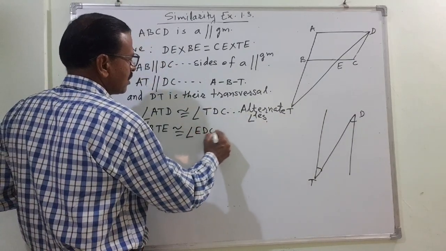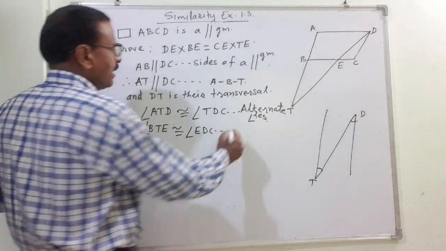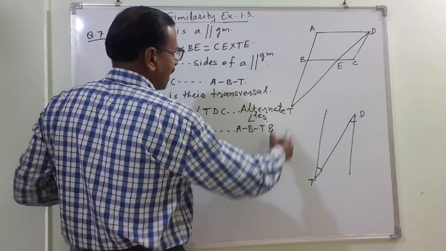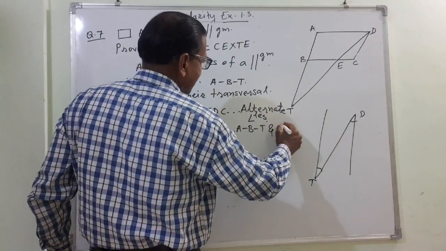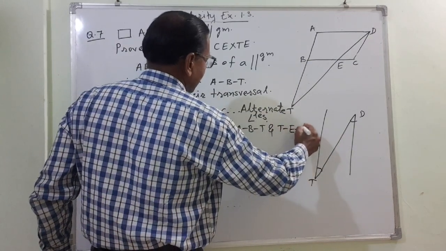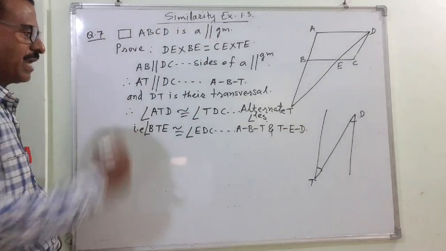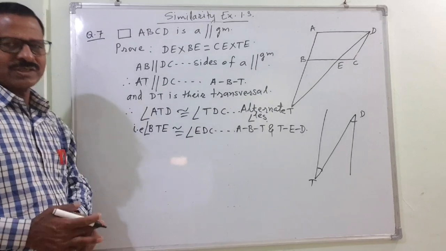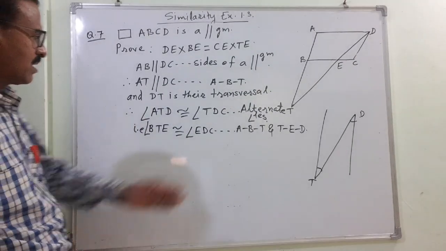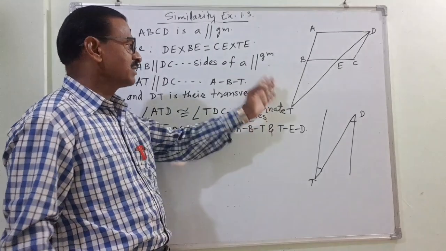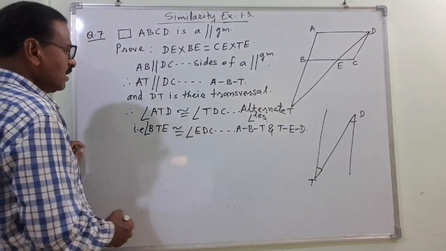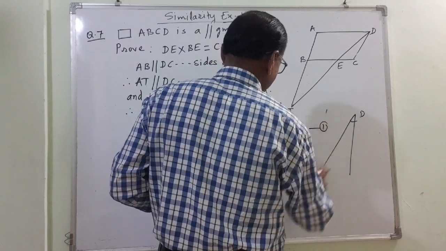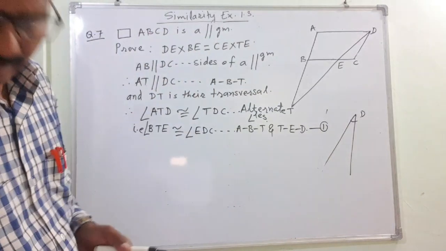Reason: A, B, T and T, E, D. So any name we can take, or you can say same angles with different names. If this is somewhat difficult for you, write same angles with different names. This is your number 1.